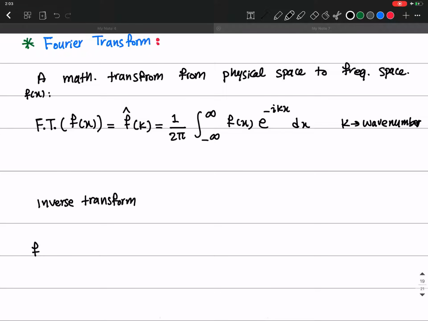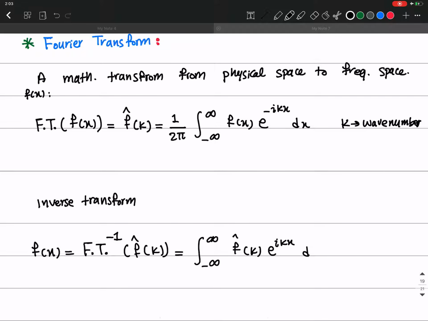We can reconstruct f(x) if we do the inverse Fourier transform of this function f hat of k, which is defined as the integral from minus infinity to infinity of f hat of k e to the i k x dk.